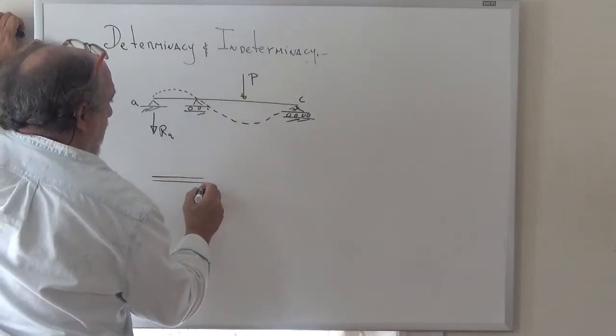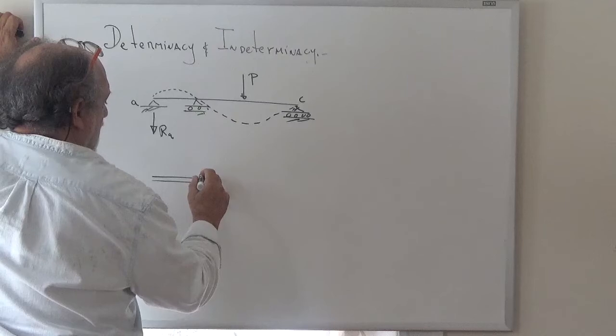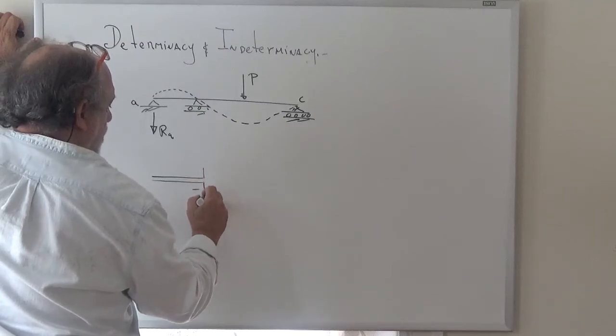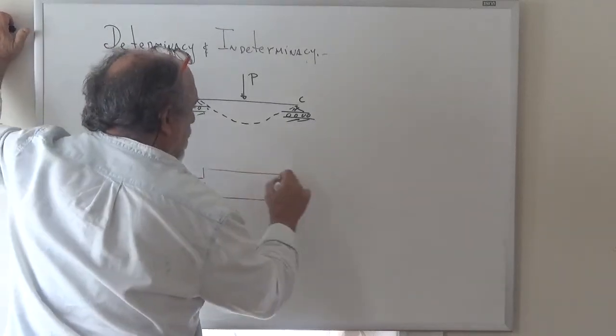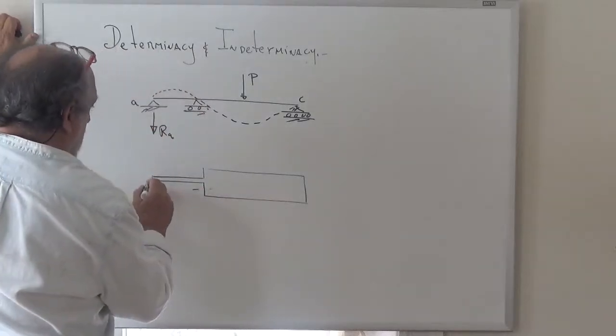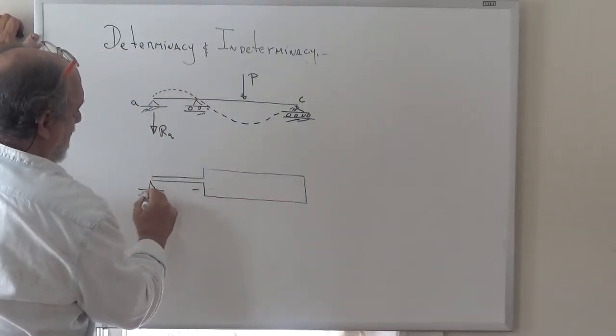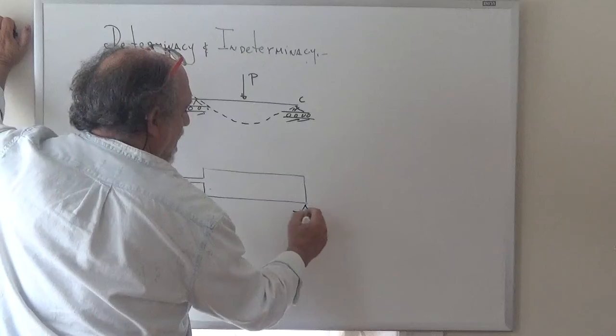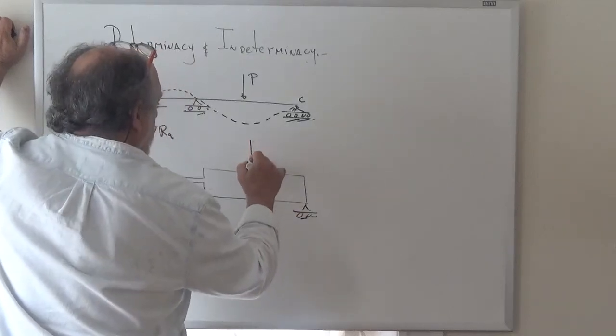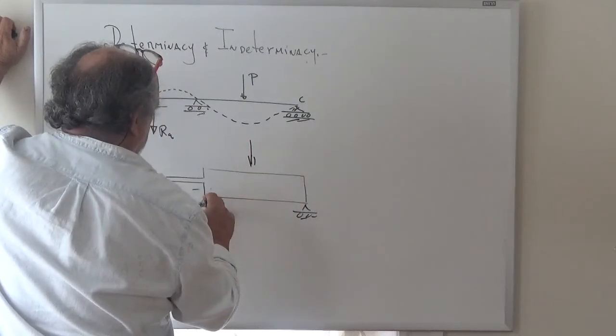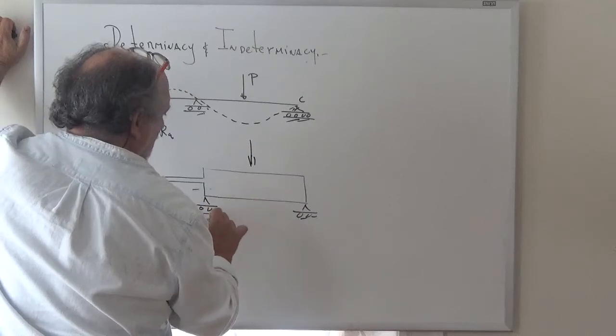Let's say that the beam from there to there is like this, and then it gets really very thick in relation. And so it's like this now. And then we put the load here, and then we have the reaction here.